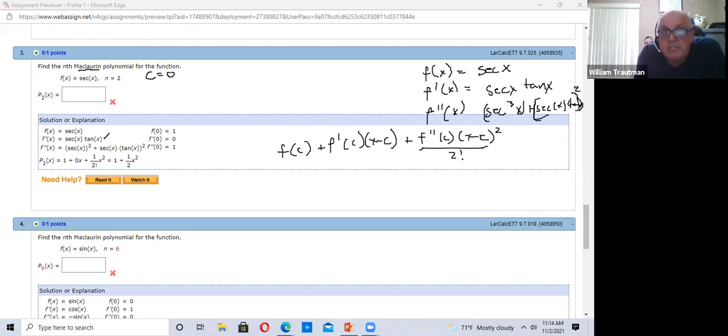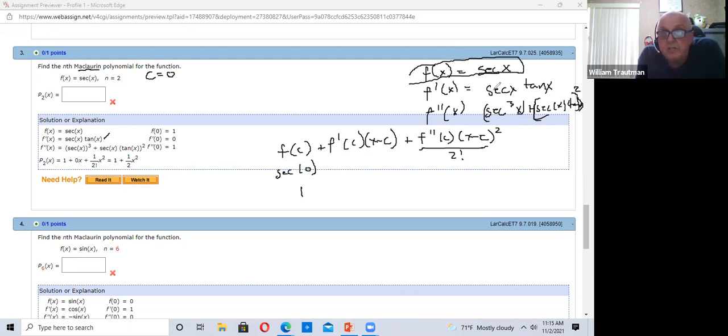So if you look at secant and you plug 0 into it, that equals 1. I'm going to try that on your calculator.